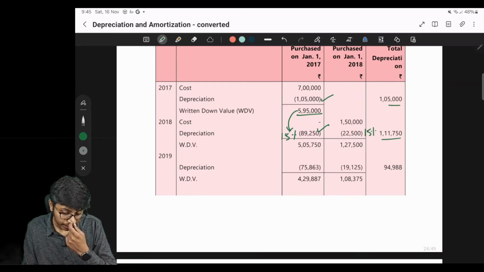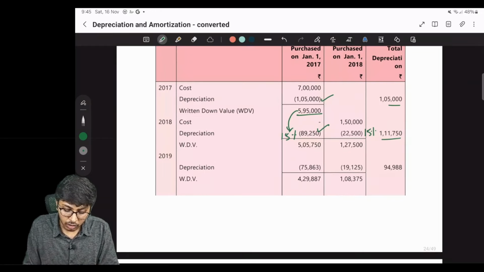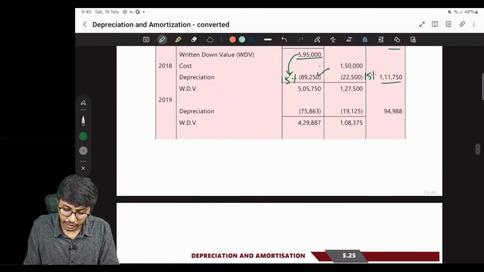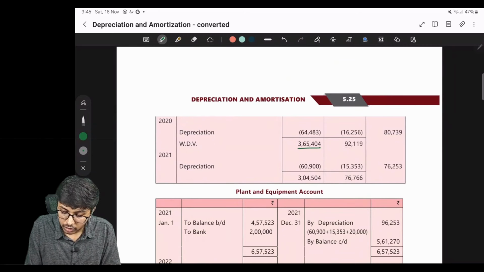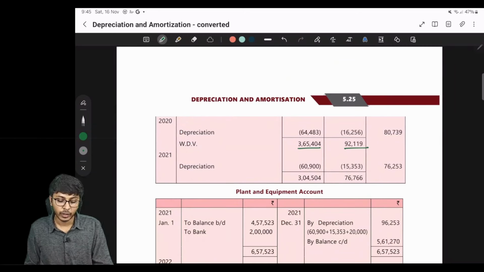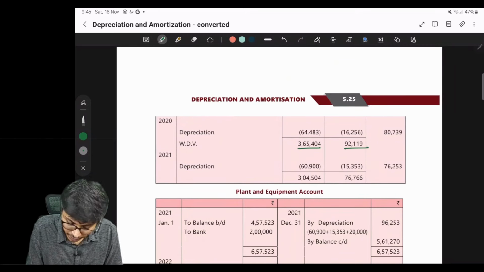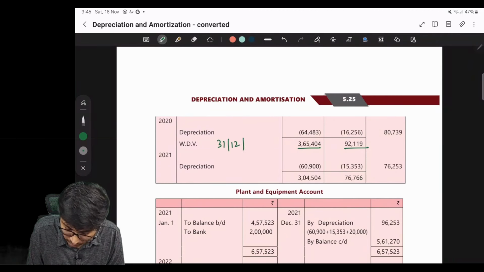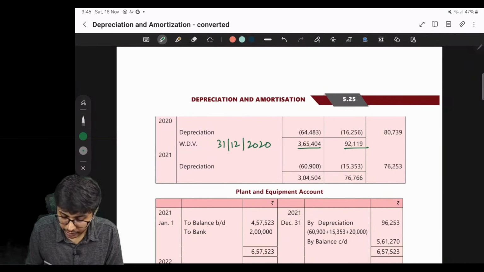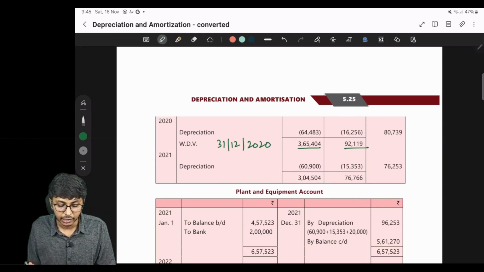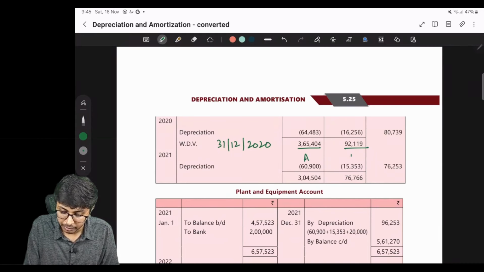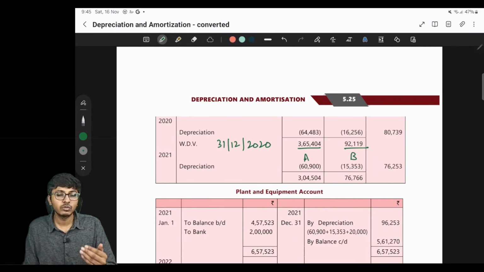Now they're telling that for the third year we need to go till 2021, correct? So again 15%. Like that, if you go here, you will get the WDV as on 31st December 2020. This is your WDV, that is the balance of the asset. Now they're telling the old assets, A and B, will have a useful life of 6 years.